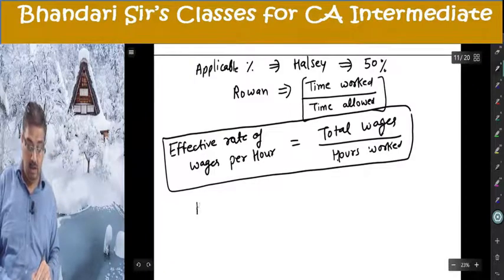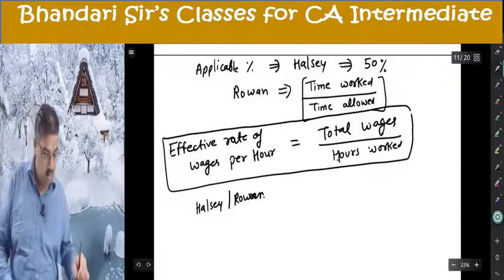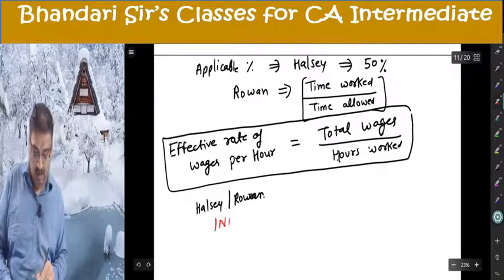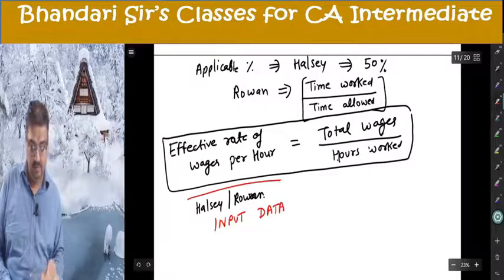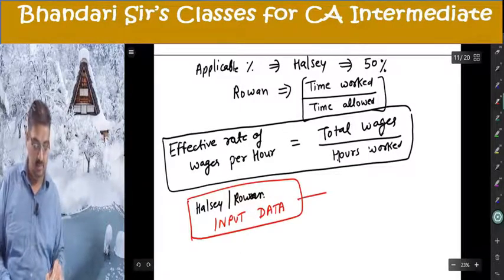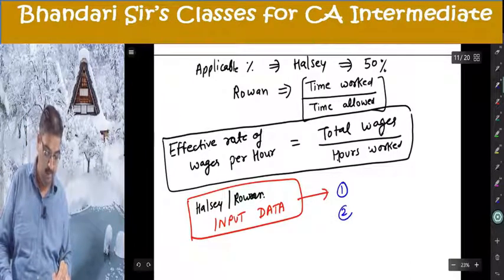Whenever you have a Halsey or Rowan question, the input data requirement means I need three things. Very important to note and remember.